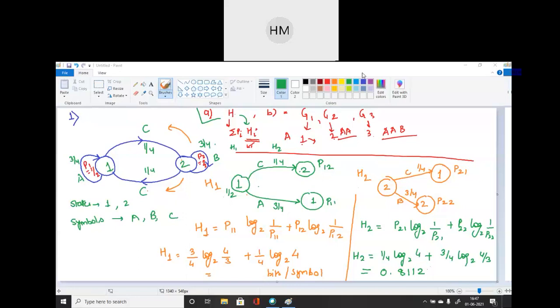So H is coming out to be same, that is 0.8112 bits per symbol. Very good. So any doubt? Very good. Ritika. Yes, others, please write down the answer on the screen, on the chat box. So any doubt if you want to ask?